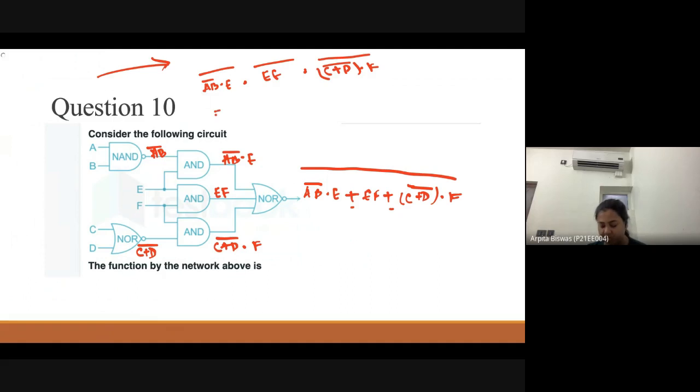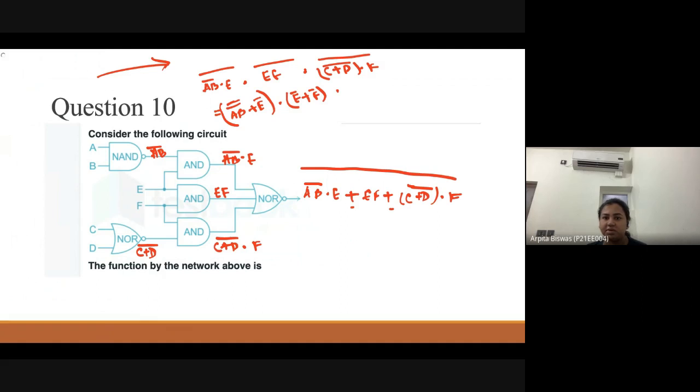Now, simplify it more. What is coming here? Bar A into B plus E bar, then dot. If we simplify it, E bar plus F bar, then dot.